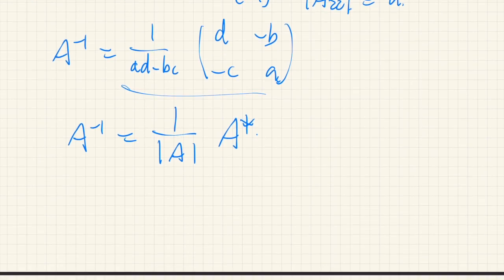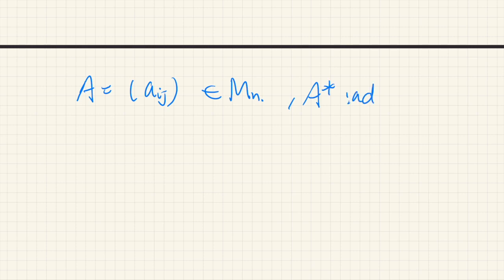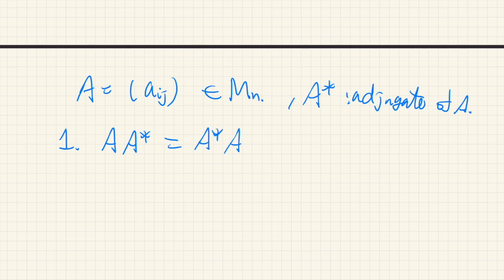Okay, so now let's prove some theorem. Let A be an n by n matrix made of these elements, and also A star is the adjugate of A. Then we have the following properties. 1: A times A star is equal to A star times A, which is equal to the determinant of A times the identity matrix.